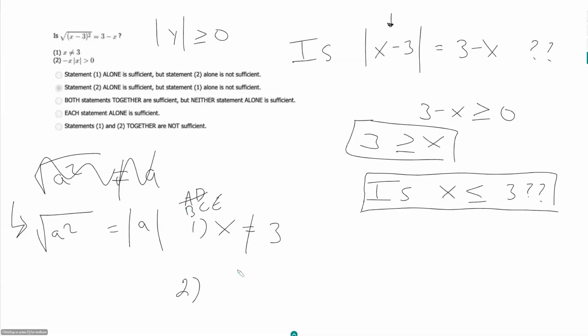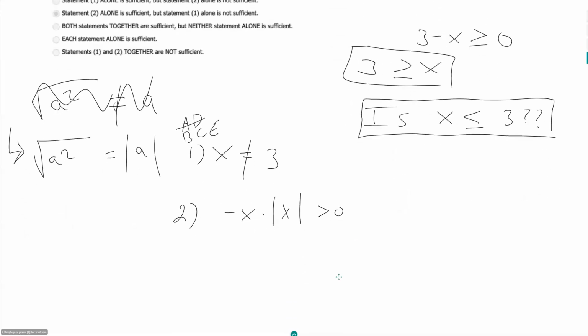Statement 2 says negative x times the absolute value of x is greater than 0. So the only two ways I can get a product of two numbers that is greater than 0 is to have a positive times a positive, or a negative times a negative.